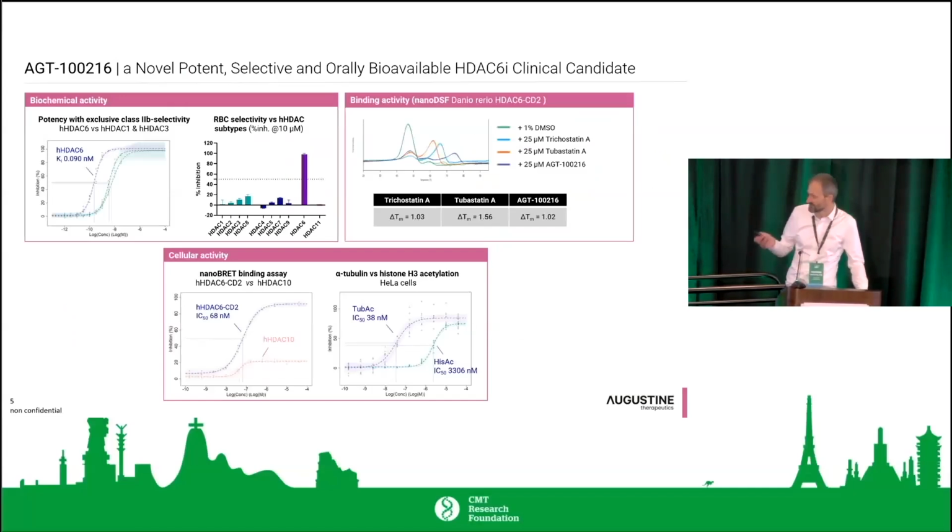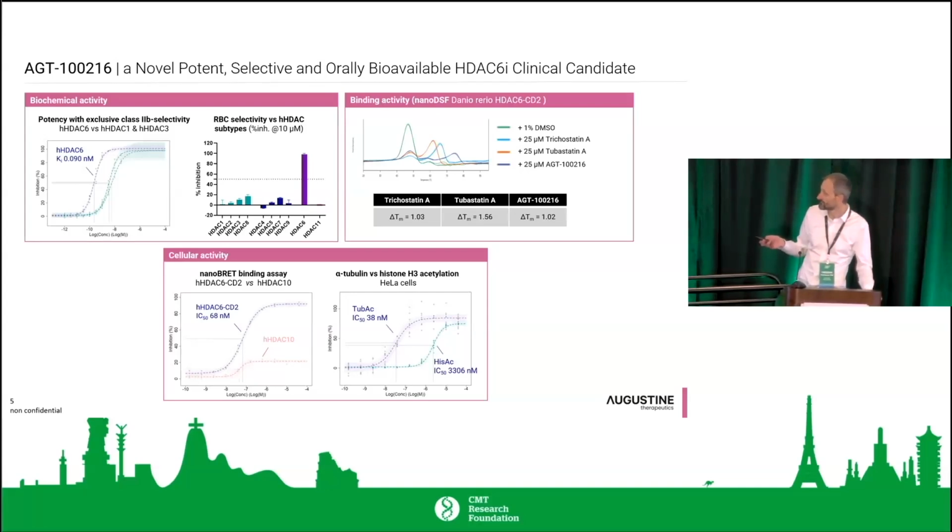Previously, this assay also was optimized for HDAC1 and 3, where we show nice selectivity versus these epigenetic HDACs. Previously, at Reaction Biology Corporation, we also checked the selectivity for a broader range of HDACs, showing that it is selective for HDAC6.